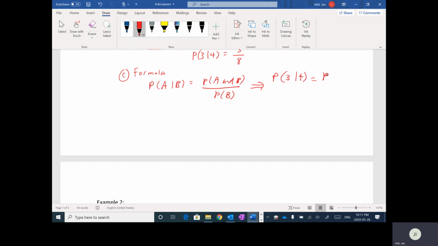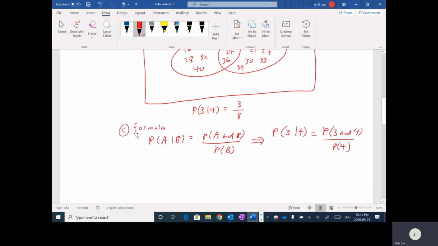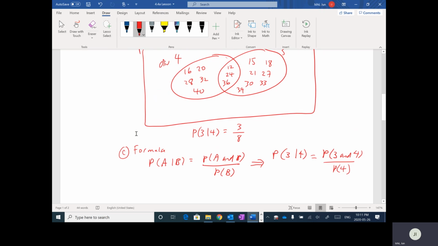So this is equal to the probability of being divisible by 3 and 4, over the probability of being divisible by 4. I'm going to use this Venn diagram here just to show how to get these probabilities.